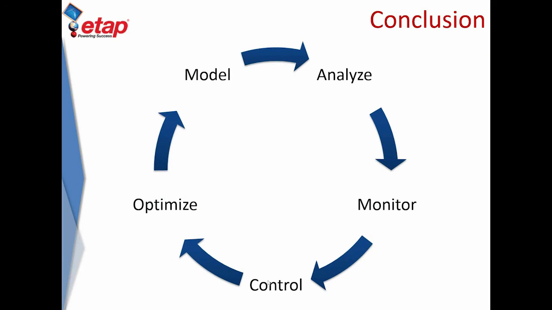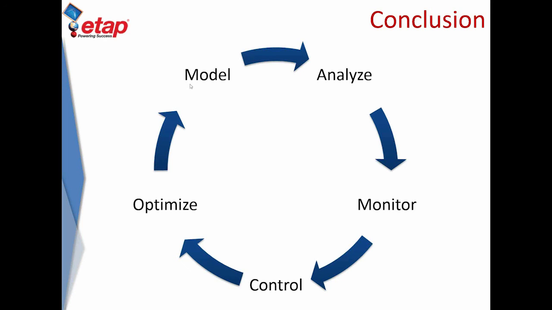We can also control or send control signals from ETAP automatically or manually. We include optimization routines like generation optimization, voltage optimization that we didn't really talk about. But there's various optimization routines that are part of the program that operate in real time. And then that completes the life cycle.